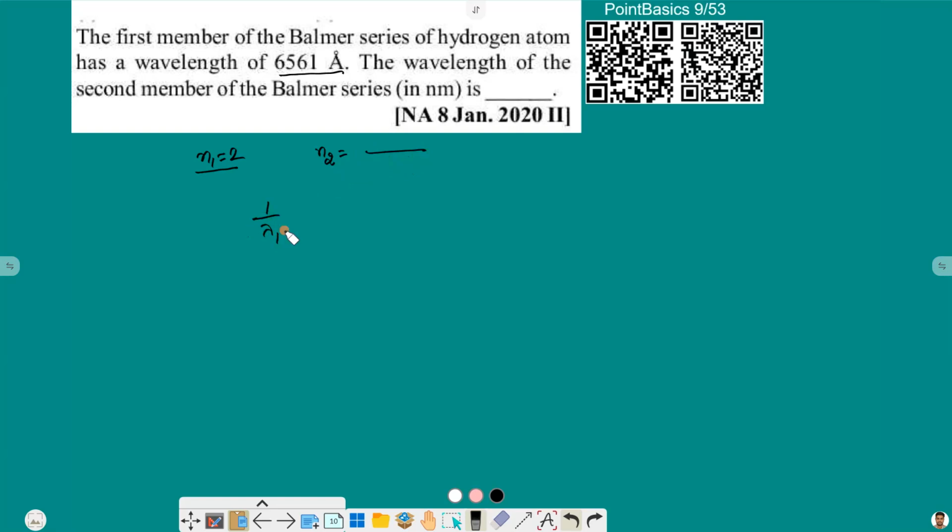So 1 by lambda 1 is equal to R into 1 by 2 square minus 1 by 3 square. This is the first member of the Balmer series, and its wavelength is 6561 angstrom. So 1 by 6561 angstrom equals R into 1 by 4 minus 1 by 9, that is 5 by 36.